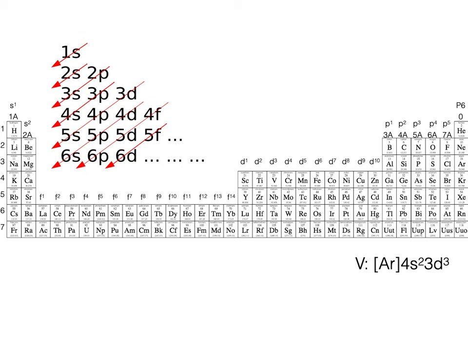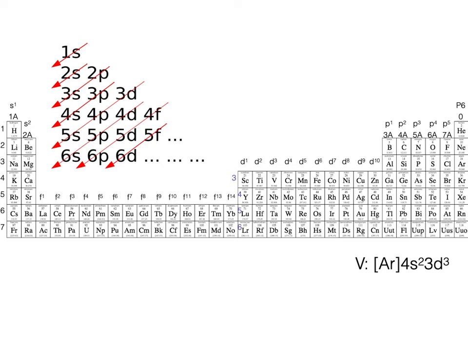But then as we follow those diagonal lines, again, remember the 4s fills before the 3d. And so our D orbitals are actually filling 1 energy level lower than the S that comes before. So that D block is the 3, 4, 5, and 6d.